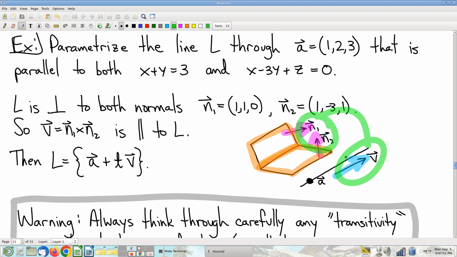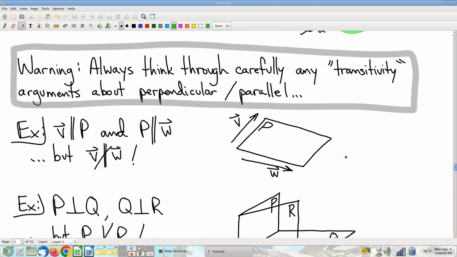So for example, on the good side, if vector A is parallel to vector B, and if vector B is parallel to vector C, then yes, A and C are also parallel. But doesn't it work if one of them is a plane, for example, right? This vector and this plane are parallel.